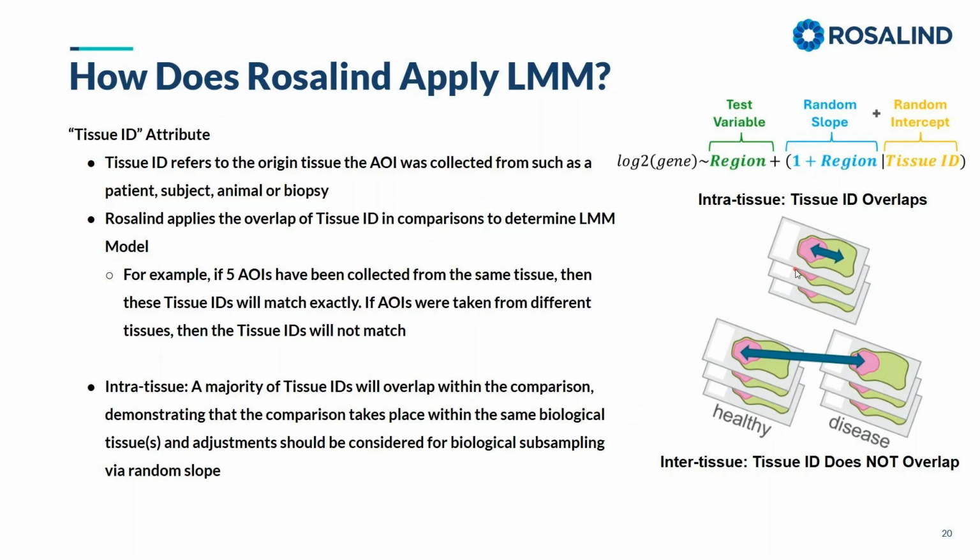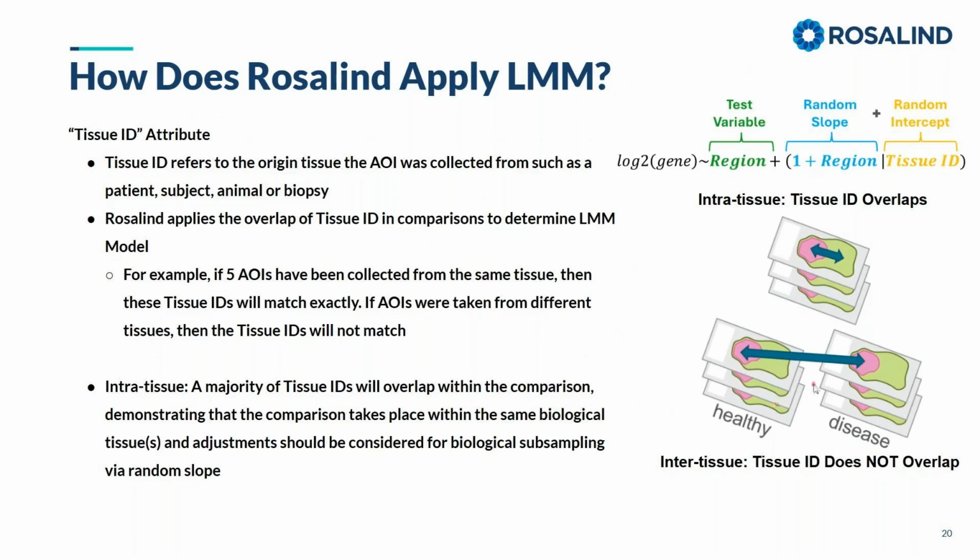And so this will tell us that a majority of that comparison is taking place within the same biological tissues, and we need to make an additional adjustment to consider for that biological subsampling by introducing a random slope. So this is just an additional adjustment that helps us understand, for example, here we have individual tissues, right?